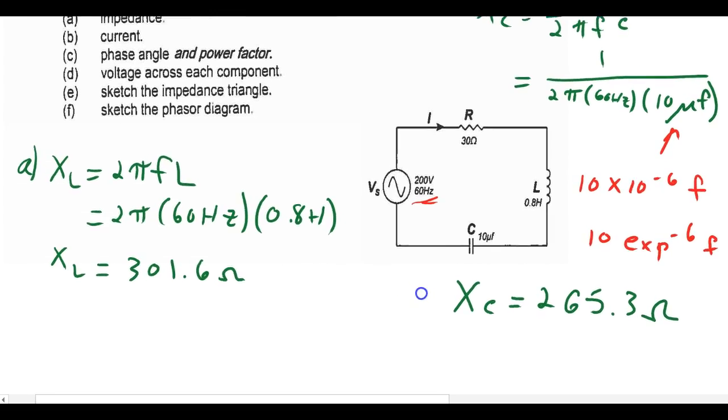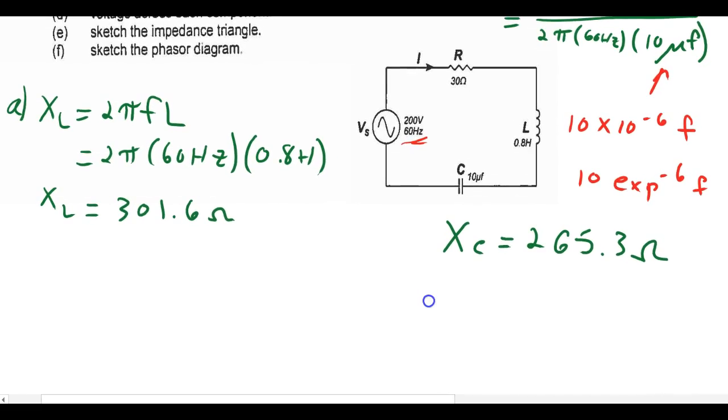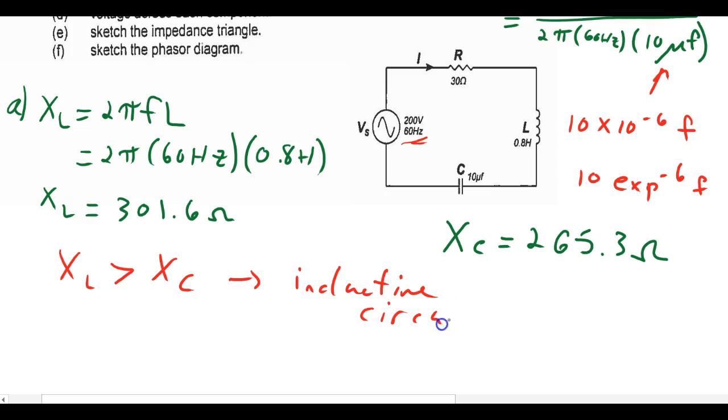Now, remember that the inductive and capacitive reactances are out of phase with each other by 180 degrees, which means that they cancel each other out. Now in this case, because XL is greater than XC, this will be an inductive circuit overall.